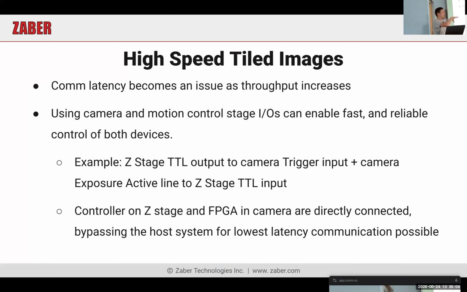We'll start with looking at tiled images. If you're gathering a tiled data set, you're stopping, starting, and stepping through your sample. Depending on your system and the step size, communication latency can actually become a big issue.